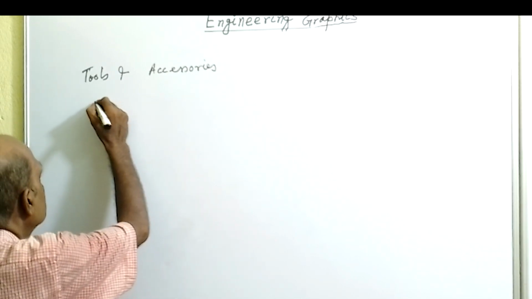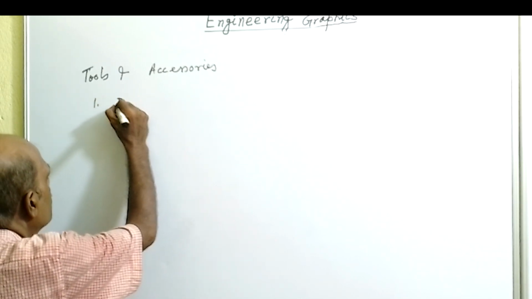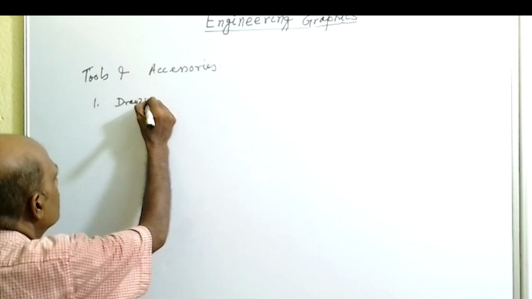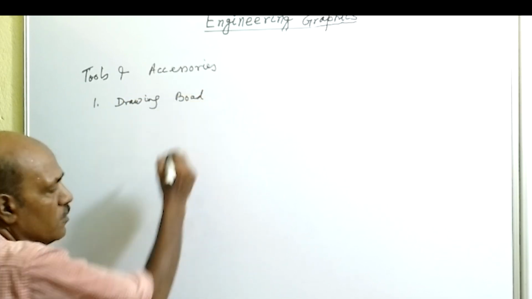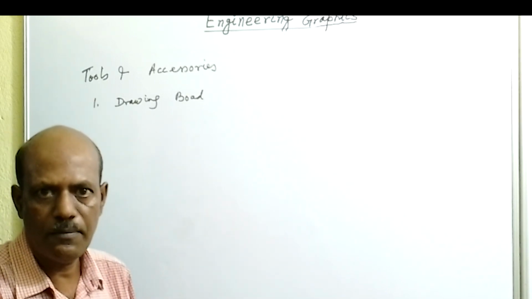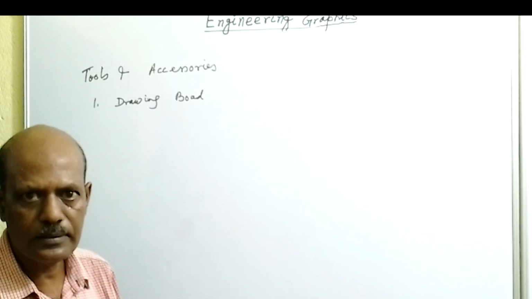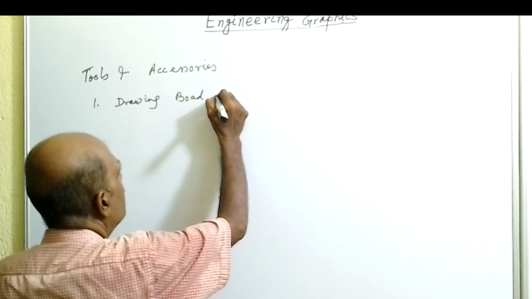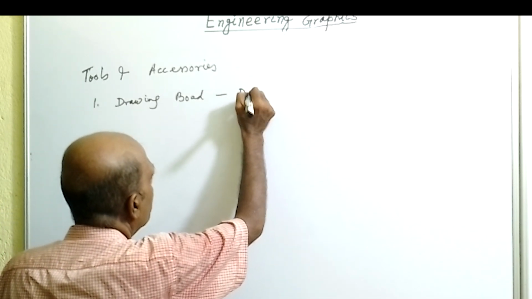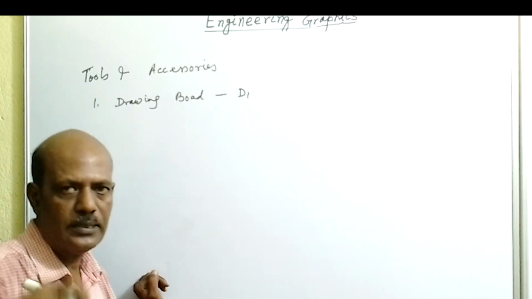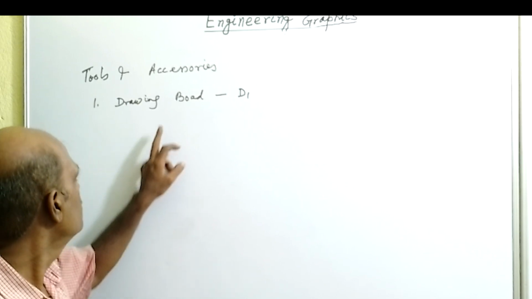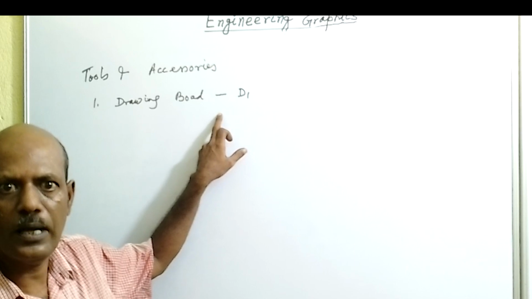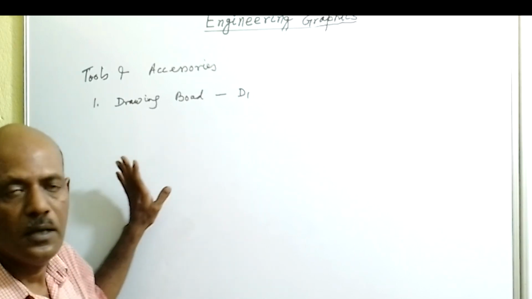First one which is required is a drawing board. We have discussed the various sizes of drawing boards that are available, the standard sizes. So we will use a D1 drawing board. The size was already discussed in the last video, so anybody who does not know, go through the last video and you can get it.